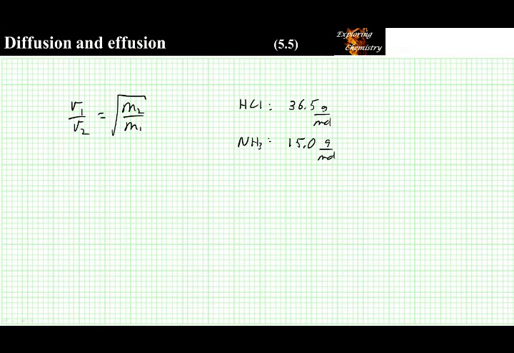So the labeling of 1 and 2 is relative. So if we just say that 1 is ammonia, we have VNH3 over VHCl, and that will be equal to the square root of 36.5 over 15.0.